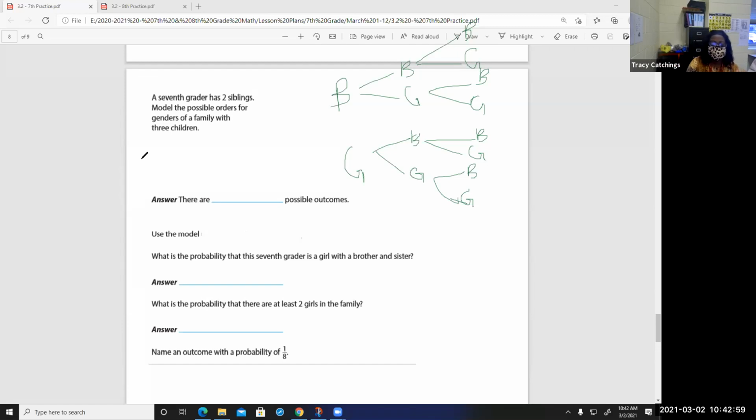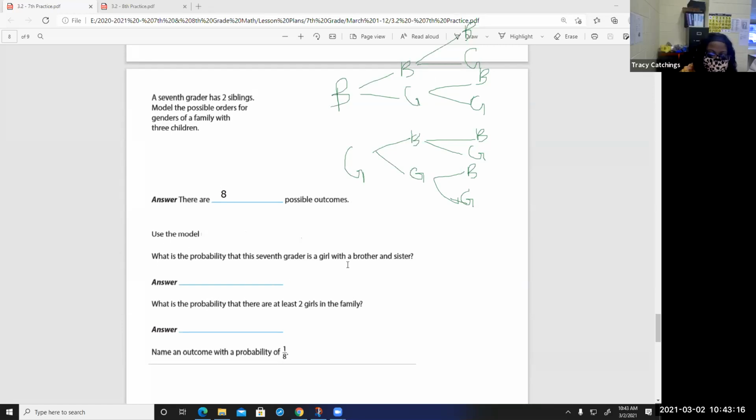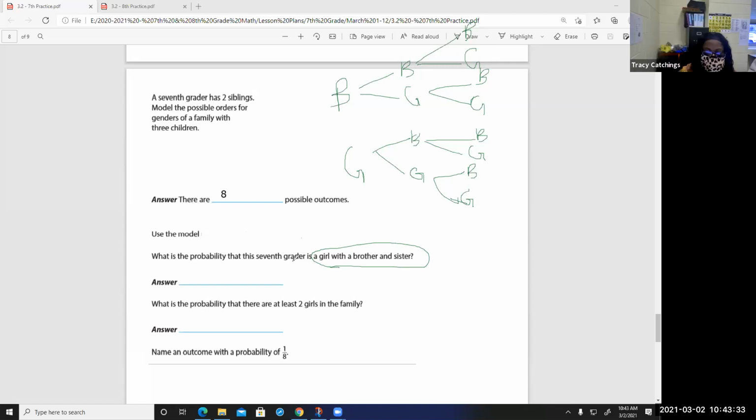All right, how many possible outcomes? Look at the end, count every letter on the end. 8. All right, it said, what's the probability that the 7th grader is a girl with a brother and a sister? So that means 2 girls and a boy. How many times do I see 2 girls and a boy? GGG, that's all girls.